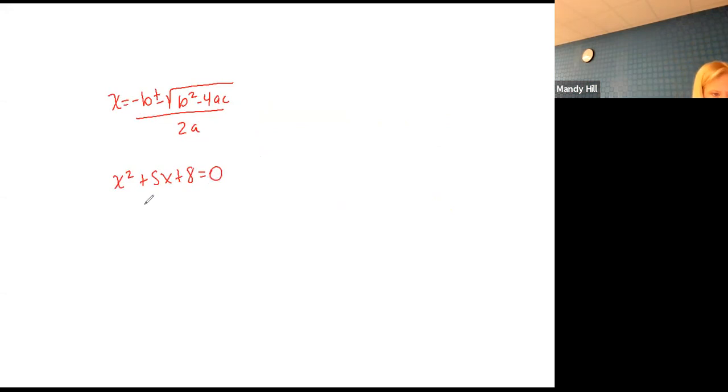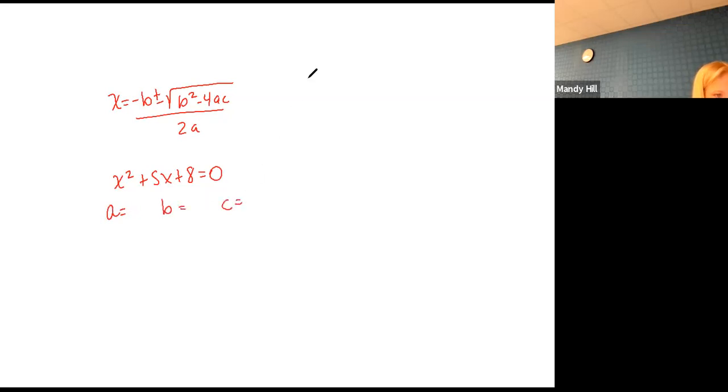So still using this formula, x is equal to negative b plus or minus the square root of b squared minus 4ac over 2a. This time they're asking us to solve x squared plus 5x plus 8 equals 0. So we're going to have to pick out an a and a b and a c.